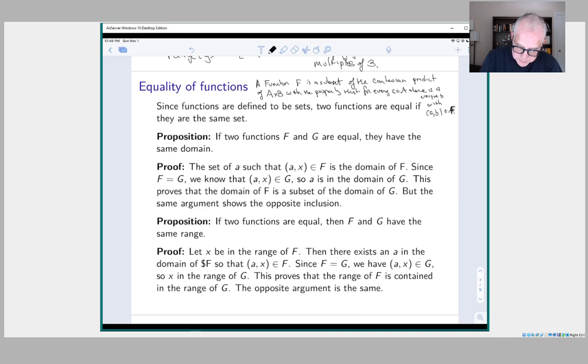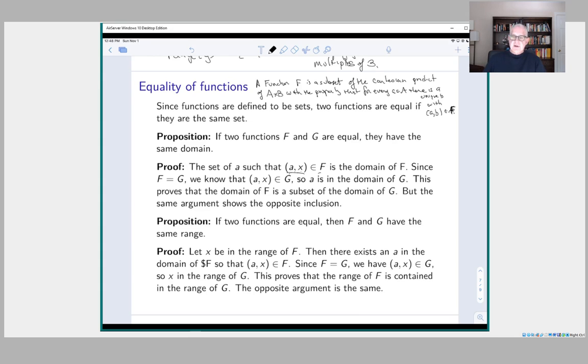If we look at the ordered pairs (a, x) which belong to f, every element of the domain of f has to occur as the first element of an ordered pair (a, x). The set of first elements is precisely equal to the domain of f.